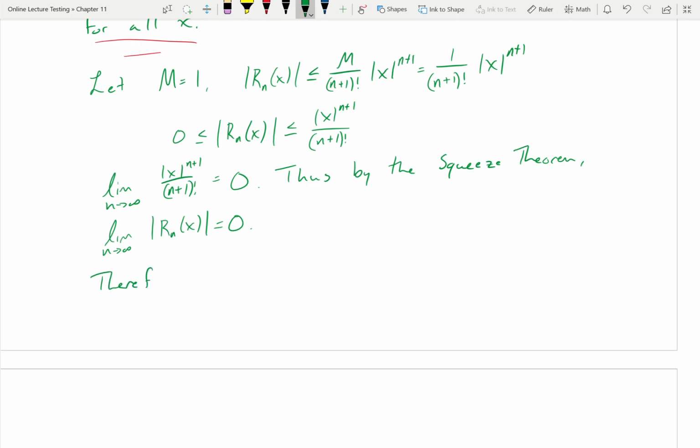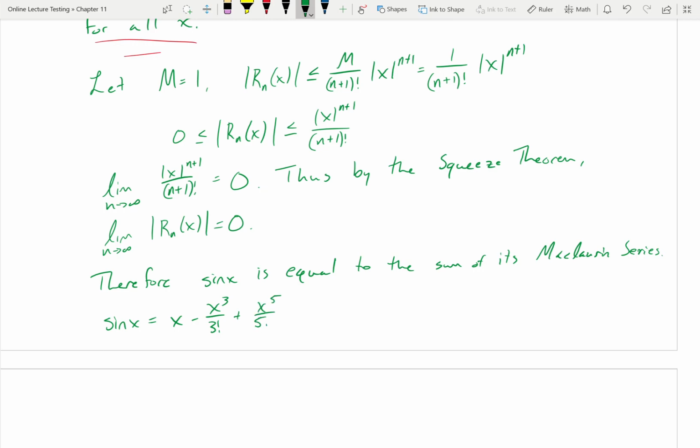Therefore, sine of x is equal to the sum of its Maclaurin series, and therefore sine of x can be rewritten as a power series, which is equal to the series as n goes from 0 to infinity of (-1)^n x^(2n+1) over (2n+1) factorial.